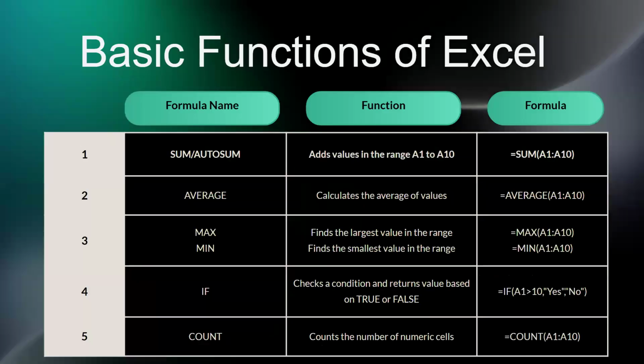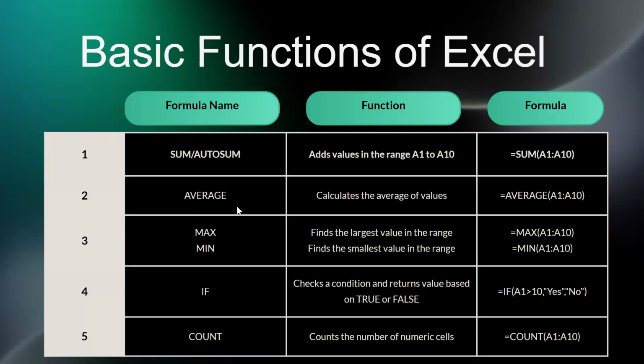So these are some examples of functions. So we have sum and auto-sum to add values in the range, for example A1 to A10. So you just put equal to sum, and then put the cell numbers and column letters.